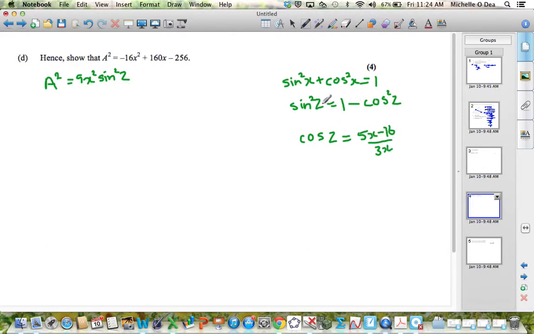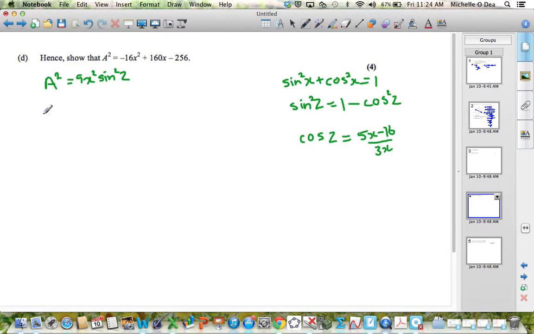So this is what made me realize that maybe I needed to replace the sine squared here, is the fact that it's disappeared. And if I use this rule, I can get something with cos squared in it, and I have an expression with cos squared. So I had to make a lot of connections there, which makes that quite tricky.